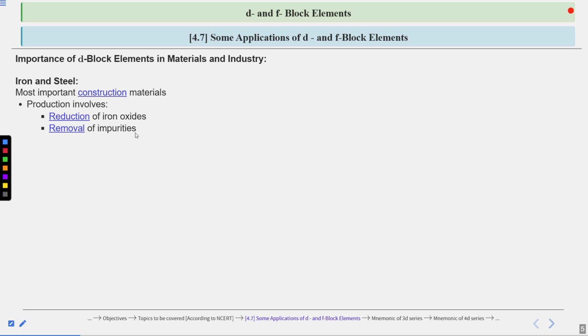Secondly, you have to remove any impurity present in the produced iron, so that it can be used properly for industrial purposes, for construction material and for different uses. Then you have to add carbon and other alloying metals like chromium, manganese and nickel.